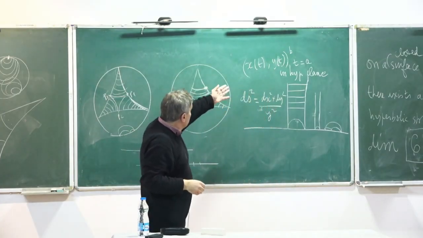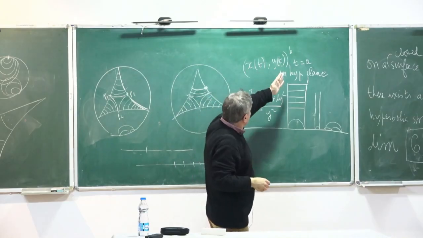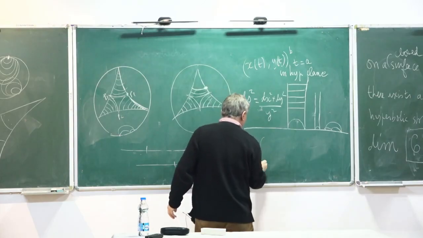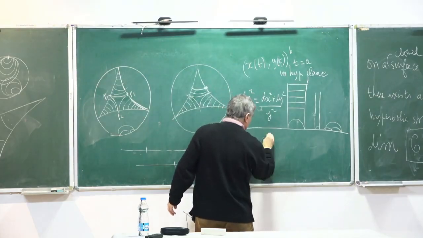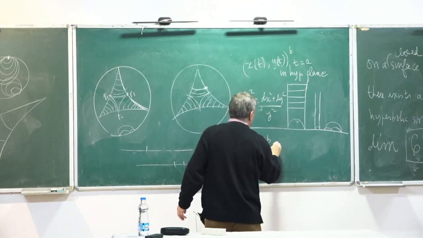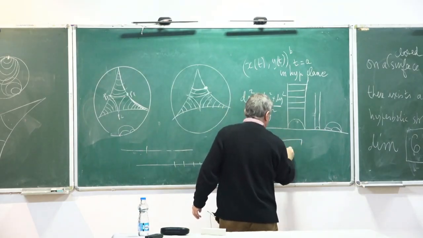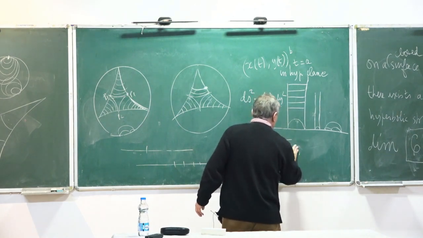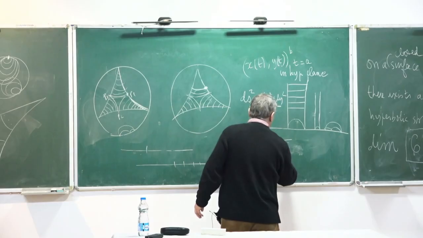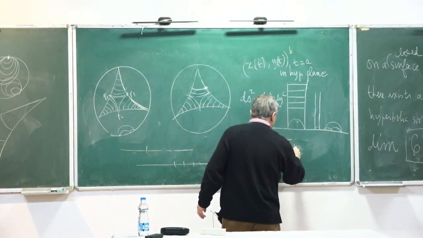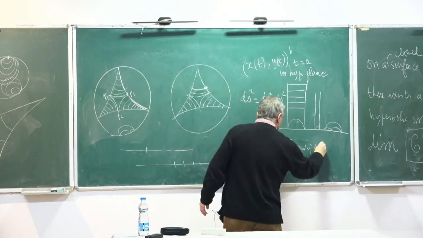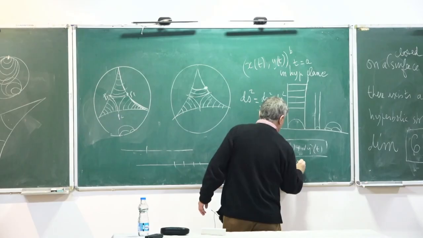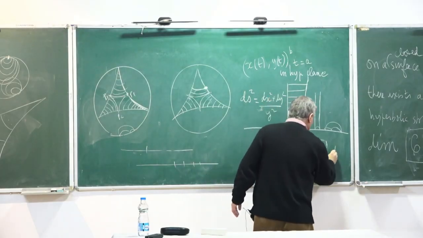This formula means that to compute the length of this curve gamma, I just have to compute the integral from A to B of the square root of dx squared of t plus dy squared of t, divided by y of t, and then dt.